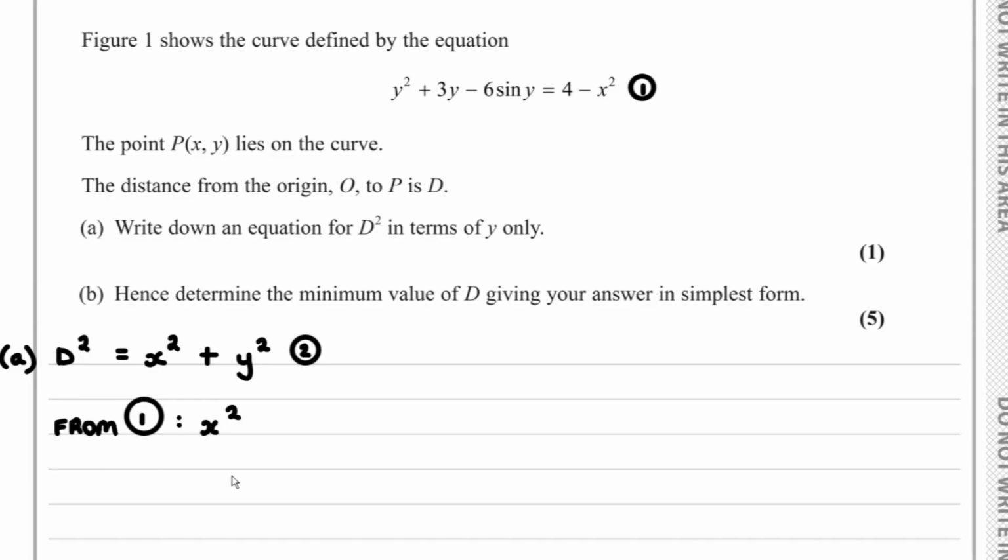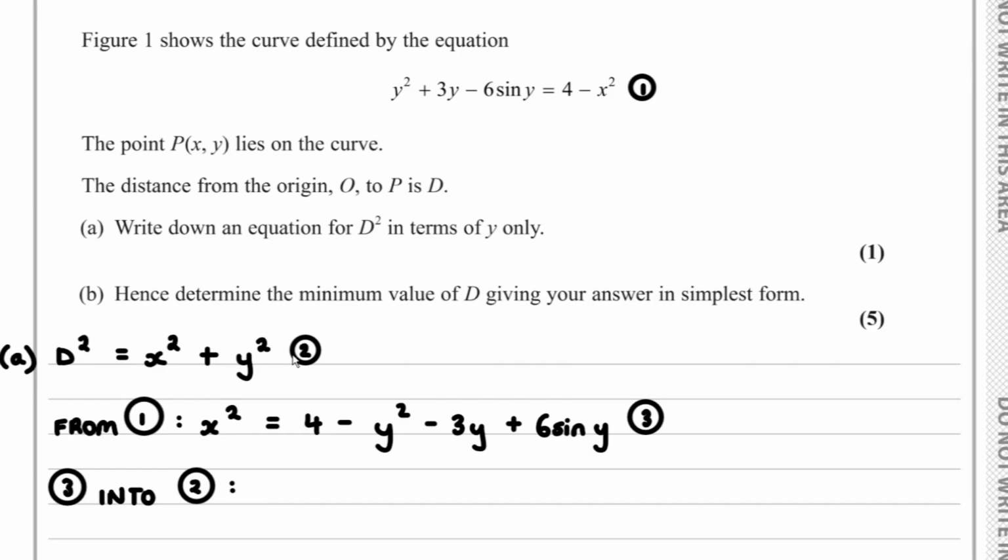From equation 1, we have x squared equal to 4 − y squared − 3y + 6 sin y, and I will call this equation 3. So then, I will substitute equation 3 into equation 2.